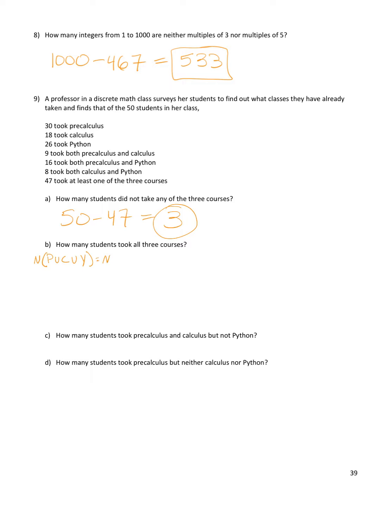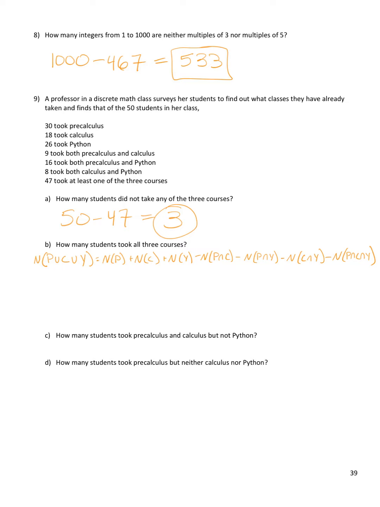That is the number of students who took pre-calculus plus the number who took calculus plus the number who took Python minus all the intersections, minus the number in pre-calc and calc, minus the number in pre-calc and Python, minus the number in calculus and Python, minus the number in all 3, pre-calculus and calculus and Python.